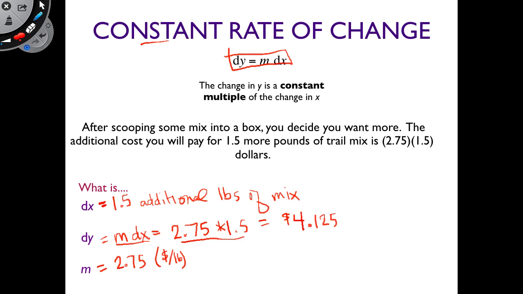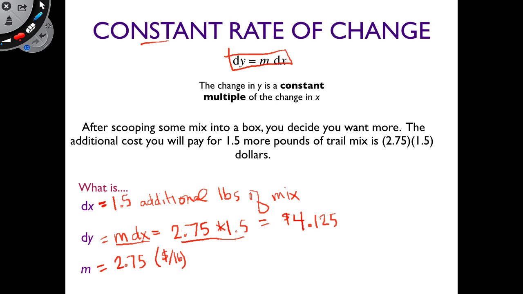Oh, so yeah, what about the cost of the box? Right, yeah. So if you remember in terms of the red and blue and green stuff on that first animation today, the value of y would be the total cost of the box of mix, including the cost of the box and the cost of the mix at $2.75 per pound.